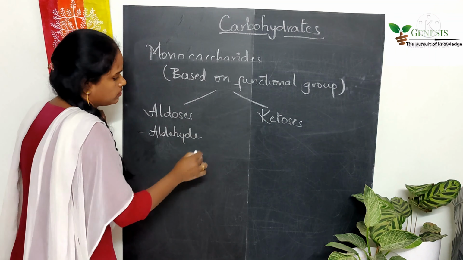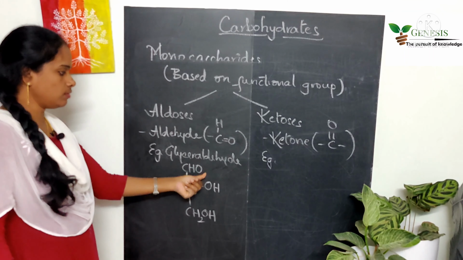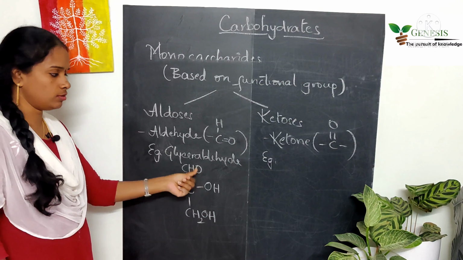Examples for these: the reference carbohydrate glyceraldehyde, glucose, mannose, galactose, all these are aldoses. And coming to the structure, CHO, OH, H, CH2OH. So here you can see aldehyde as the functional group.